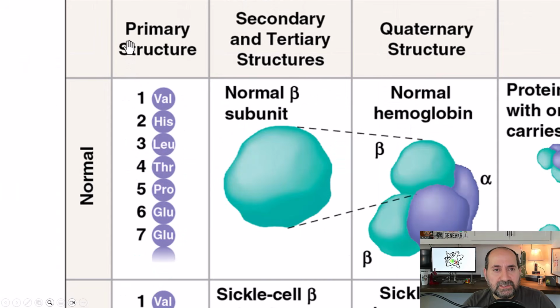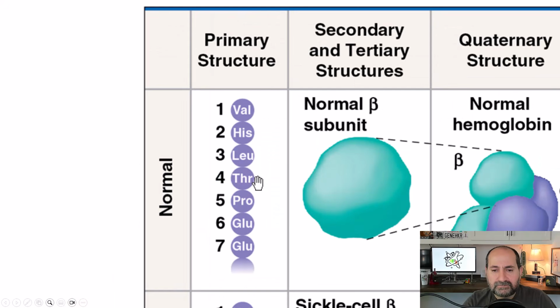So here you can see the primary structure of the normal beta subunit of hemoglobin. This beta subunit has these amino acids in order, right? Remember, that's the primary structure. The first amino acid is valine, followed by histidine, followed by leucine, then threonine, then proline, then glutamic acid, right?